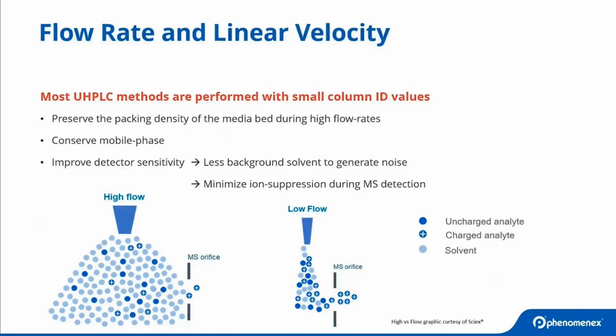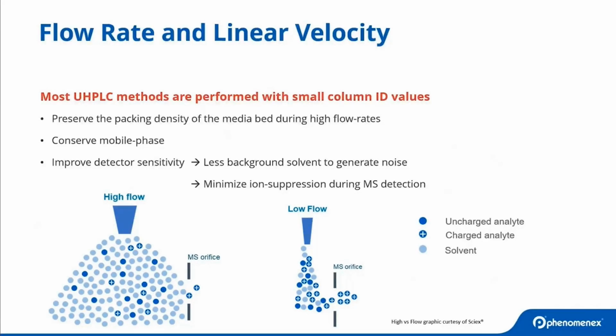So a narrower internal diameter just mitigates all those challenges, such that you're introducing a smaller overall volume continuously into your mass spec ion source, and your analyte has a better chance of standing out, so as to ultimately be directed on into the mass analyzer component of your mass spec, be it a quadrupole or otherwise.